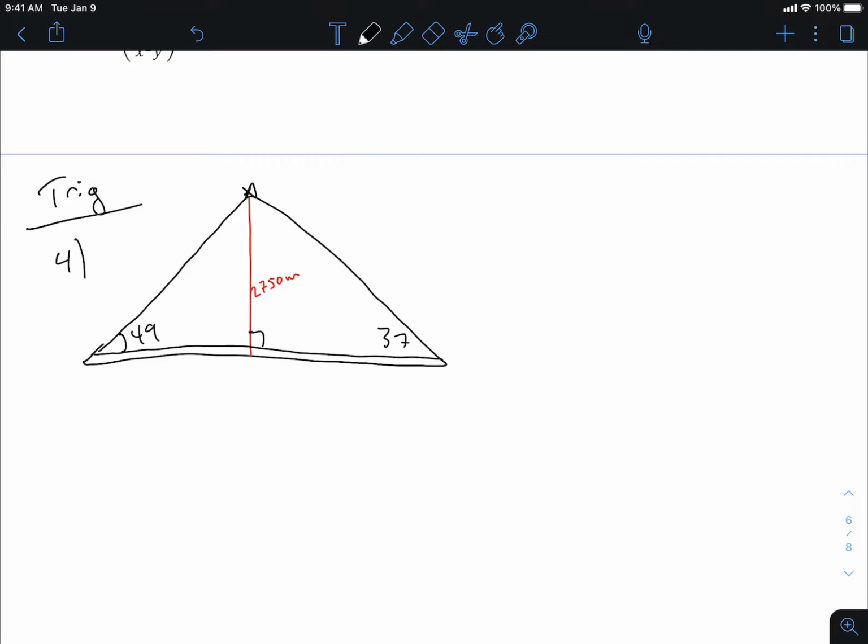So what are we going to do here? I see 2 triangles, because I've broken it, not necessarily in half, but into 2 pieces with the height of the mountain.